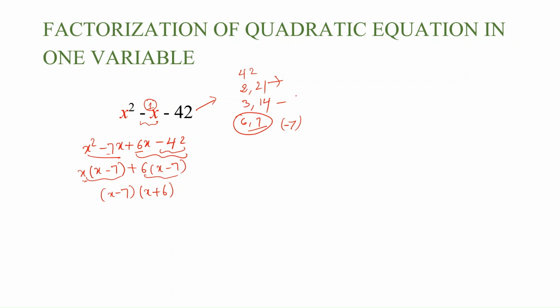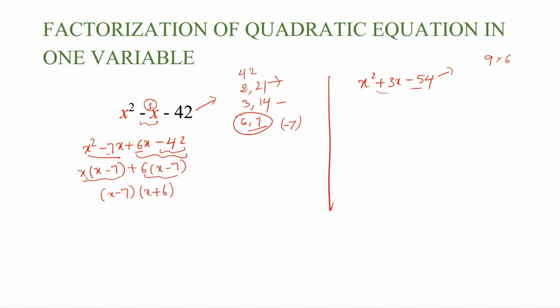In a similar way, consider when we have x square plus 3x minus 54. Here the last term is negative, but the middle term is positive. In this case, after factorizing, whatever is the higher factor we have identified, for that we will use a positive sign. Say 54 can be written as 9 into 6.